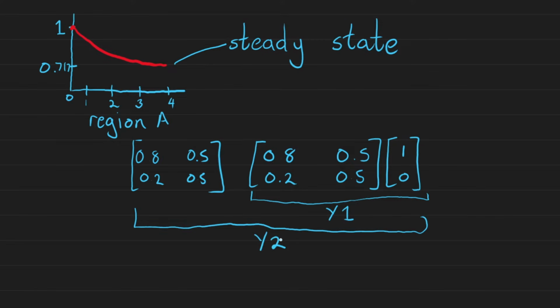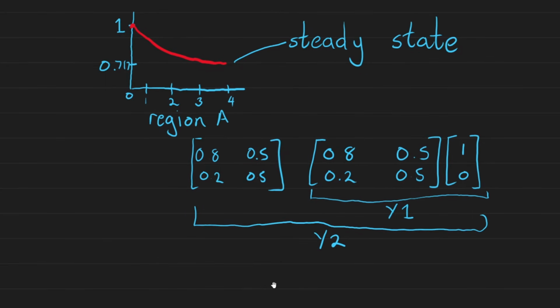And that corresponded to year 2. So I think you can see where this is going. We then took this and multiplied it again, 0.8, 0.2, 0.5, and 0.5. And this now became year 3.